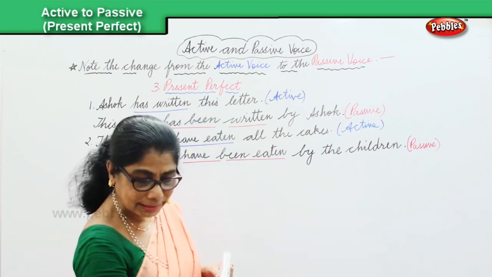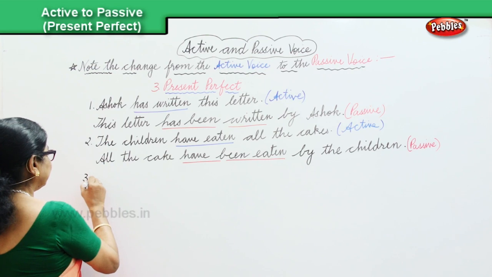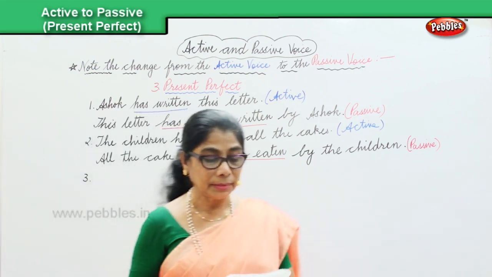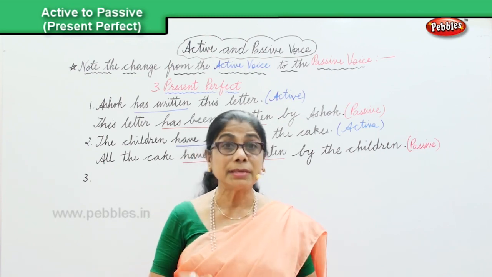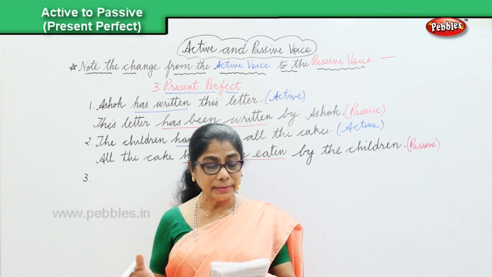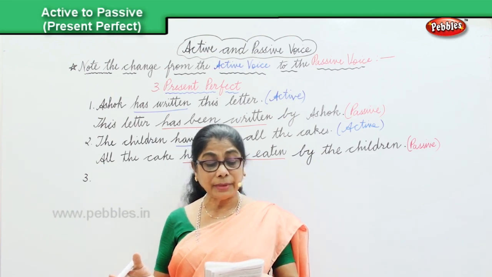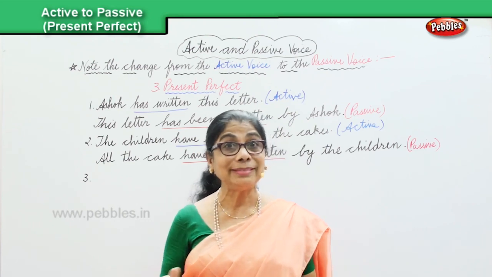I'll give you another sentence now. Third sentence. Has Ashok written this letter? And into the passive, has this letter been written by Ashok? Okay.